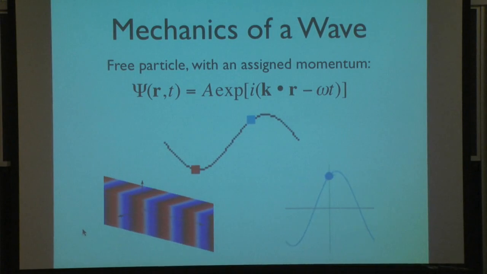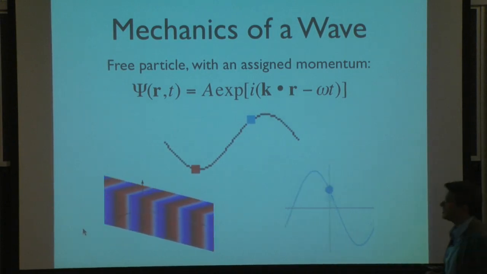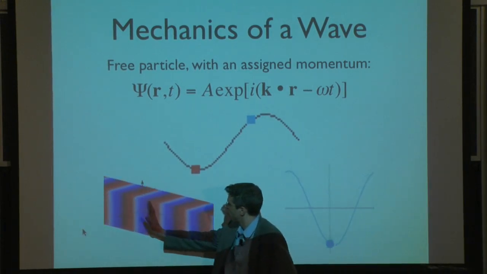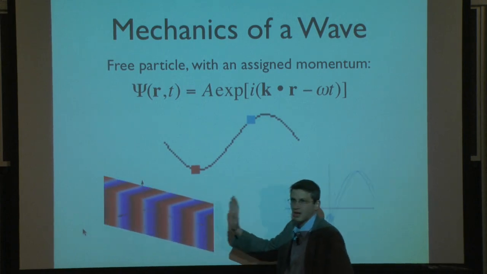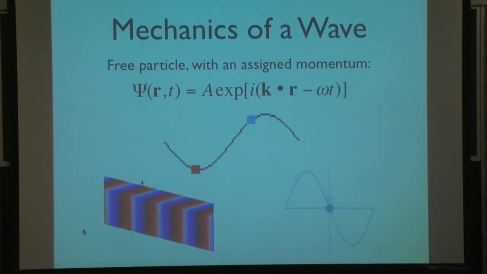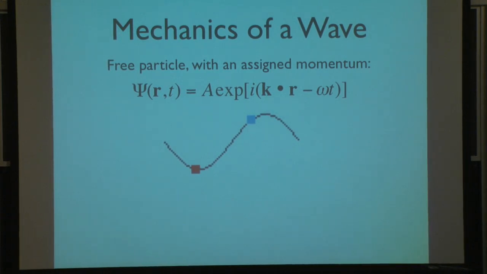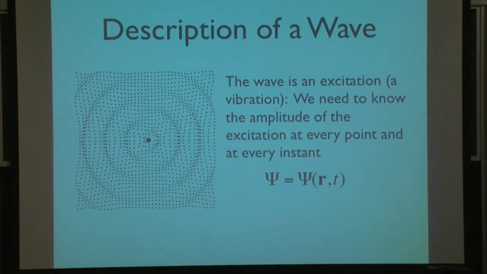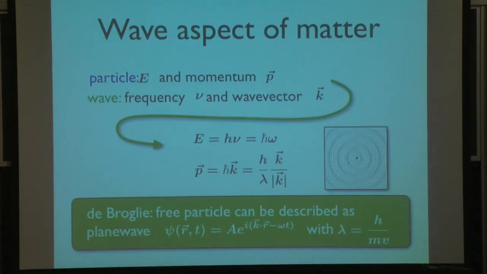That's a plane wave. It's called a plane wave because you can look at it as these moving planes of constant magnitude. It's a very simple way of describing this. There are more complex ways, but this is the one we like in this class.